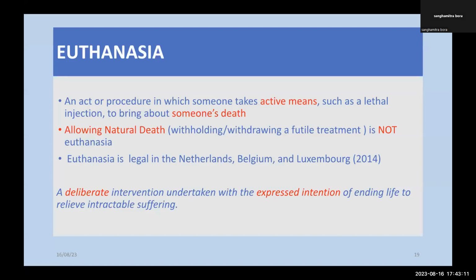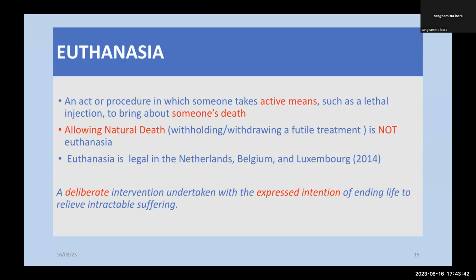So it is definitely a deliberate intervention which is undertaken with the expressed intention of ending life to relieve intractable suffering. One of my mentors, in his talk on euthanasia, actually told us that euthanasia is nothing but a deliberate murder.